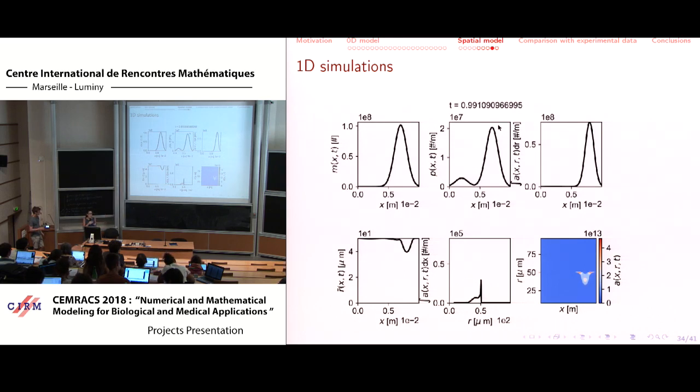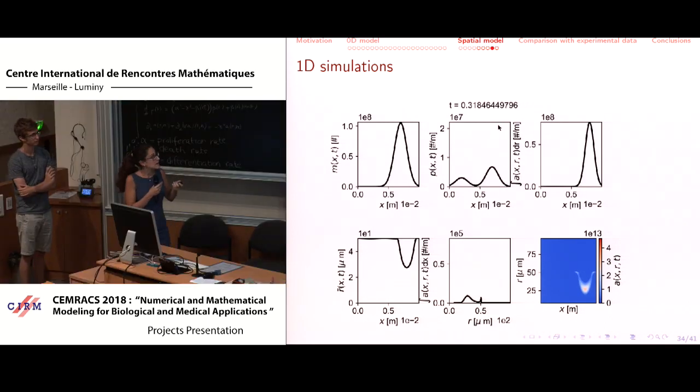This is due to the fact that the growth rate is 1 over the surface at each point. In correspondence of these 2 points, we have a smaller number of adipocytes, so the surface is smaller and the velocity is higher. While here we have a higher concentration of adipocytes, therefore the growth rate is smaller.